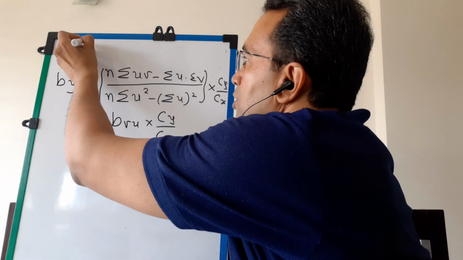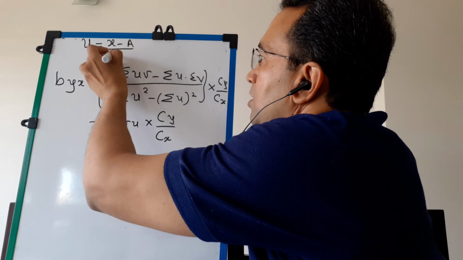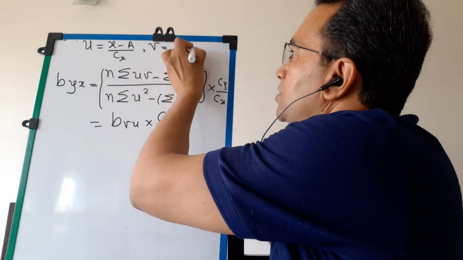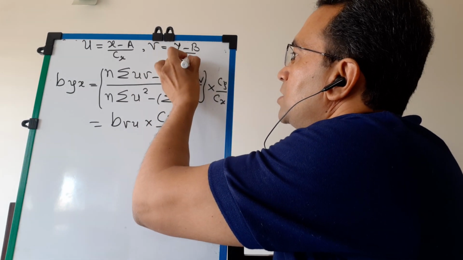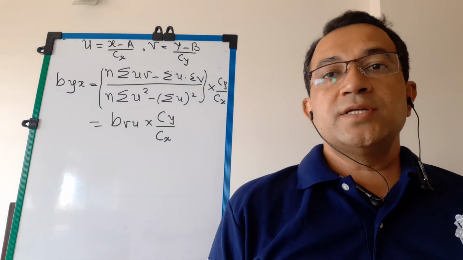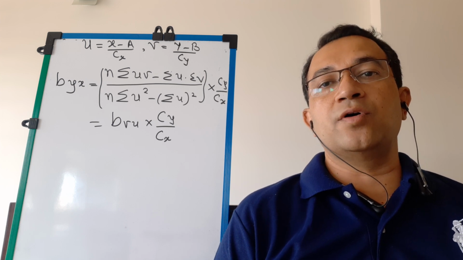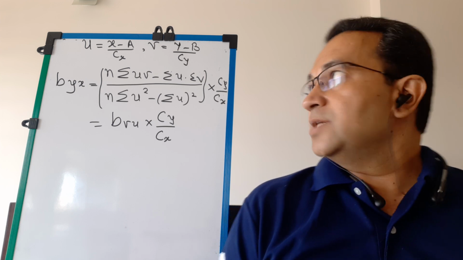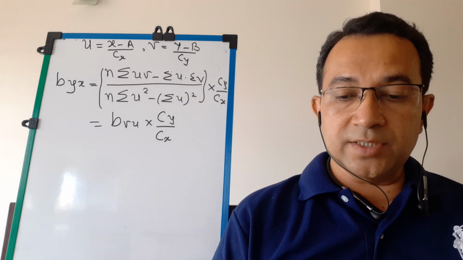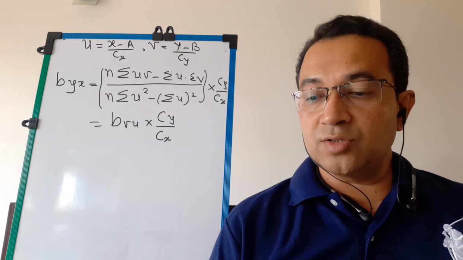So remember, u is equal to (x − a)/cx and v is equal to (y − b)/cy. So the division number for u is cx and for v is cy. Now students, I am using this formula for 3 to 4 short sums.